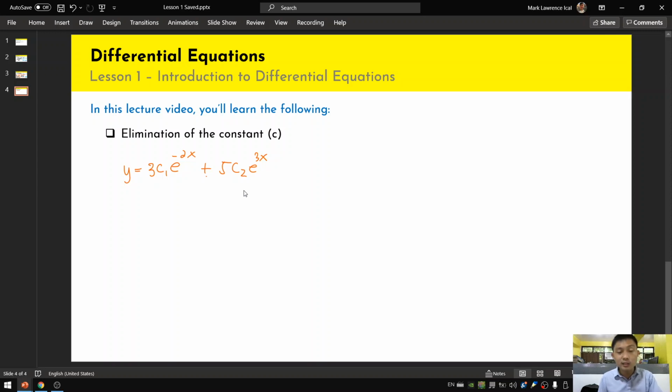So let's say that's an example. Okay, so now what is this? So what we're seeing is a solution. Okay, a solution to the DE.